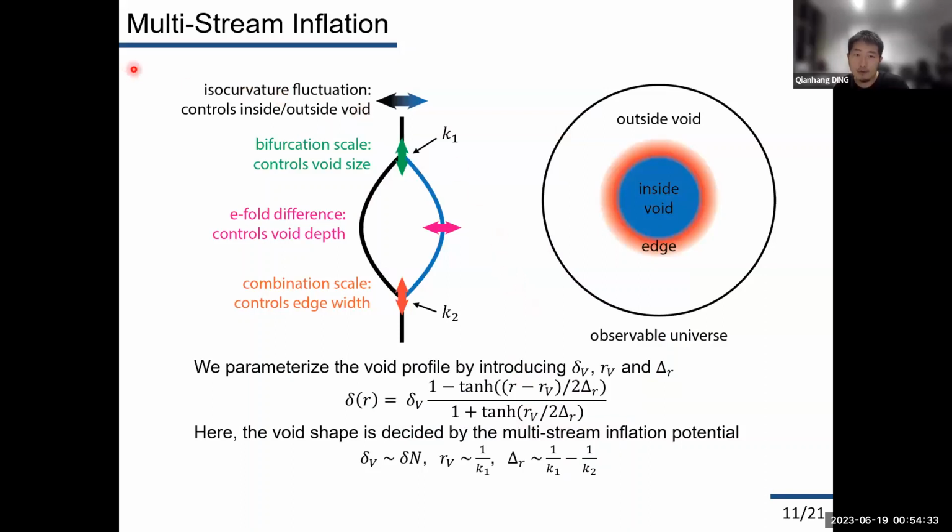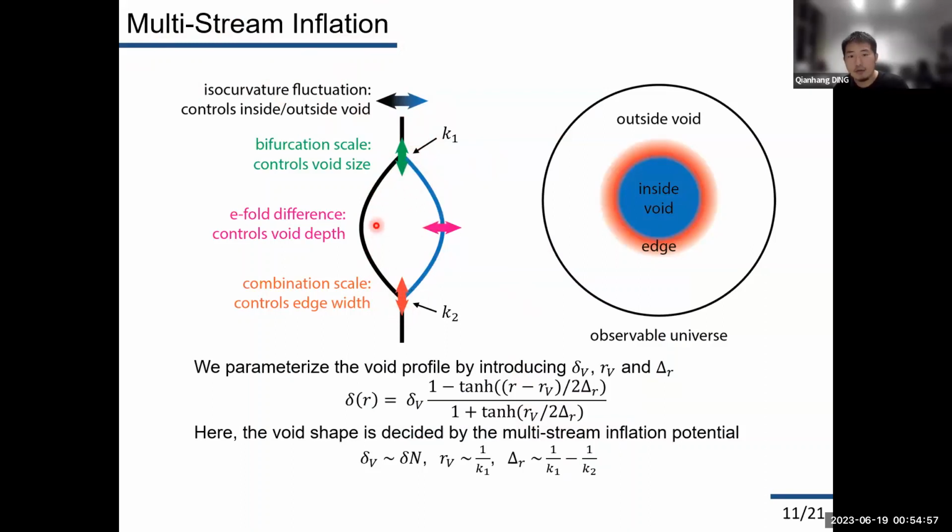Therefore, we need some probabilistic mechanism. Here we use multi-stream inflation as a mechanism to produce such a GPC scale local void. During inflation, when the inflaton encounters a barrier, the inflation trajectory will bifurcate into two trajectories.